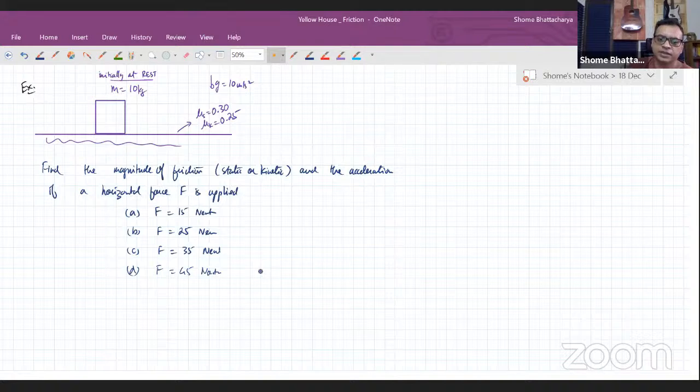But does that mean that when I apply 15 newton force, 30 newtons of friction will act? What happened? Exactly. So how much will be the friction in the first case?